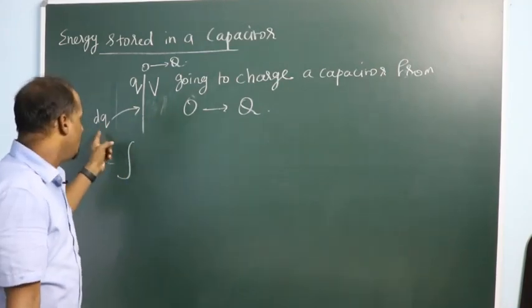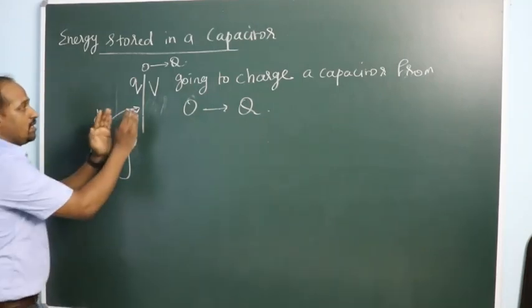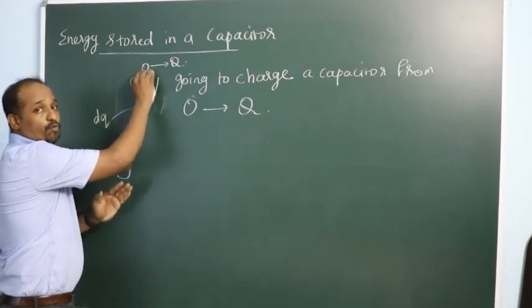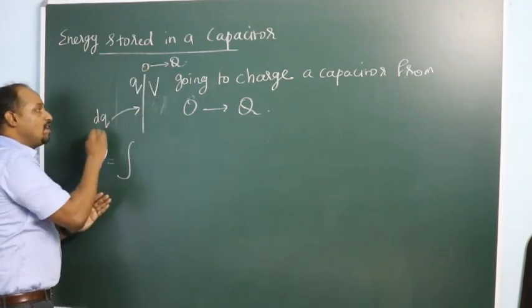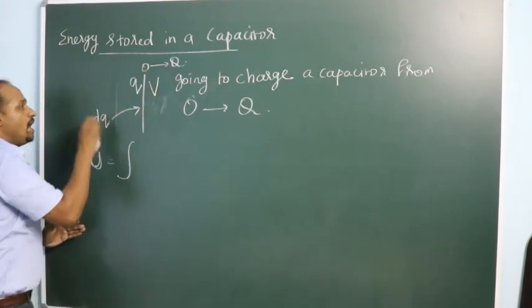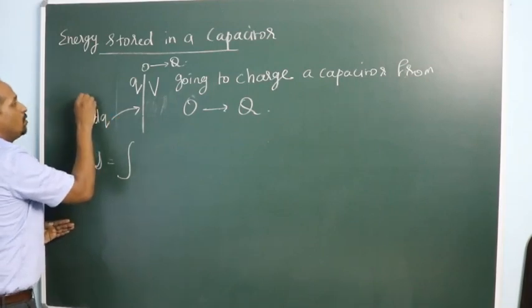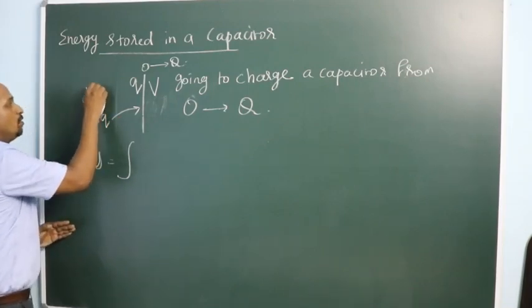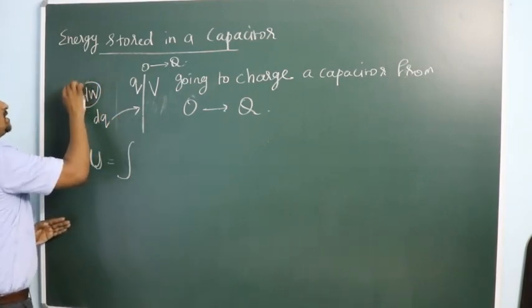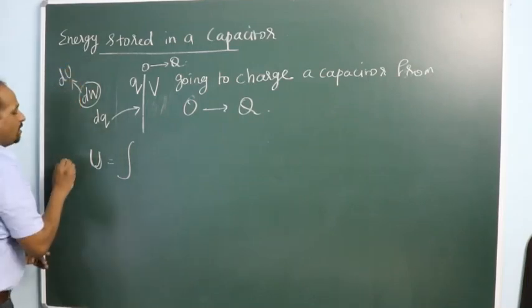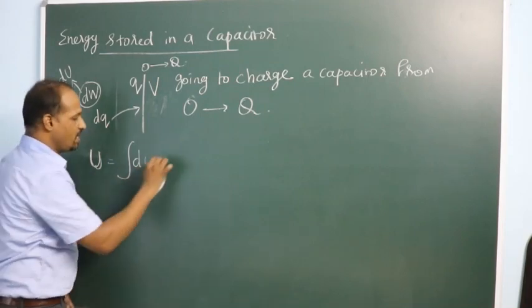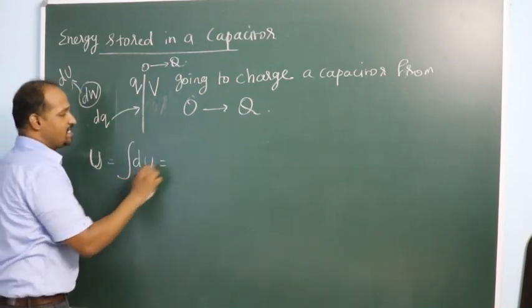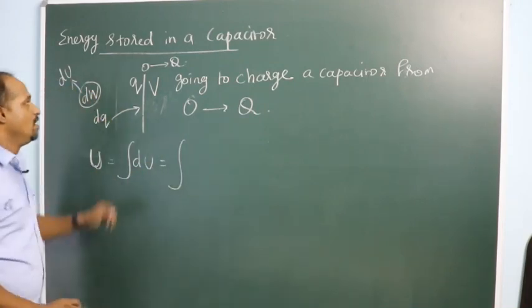In order to add dq coulomb, this conductor was having charge 0, and you kept on giving charges dq. Every time you give charge dq, you are doing a work dw. Because of that, energy increases by dU. Then the total energy is the integral of all increase in energy, which is the integral of all the work done.